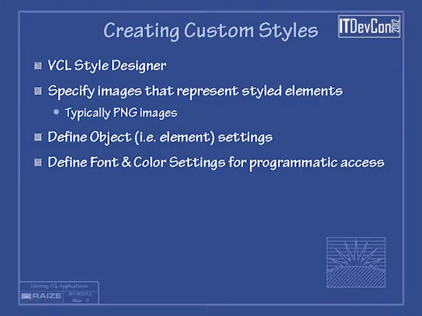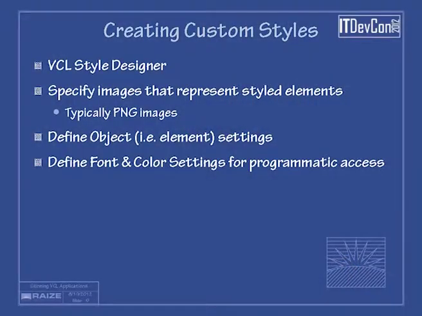I'm going to show you a shortcut to do a quick version of a custom style, and along the way I'll describe the detailed ways, if you really wanted to write it from scratch, what you'd have to do. In addition, do not forget this step. This is a problem that Embarcadero had for the Metropolis styles.